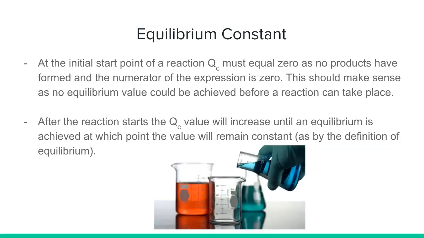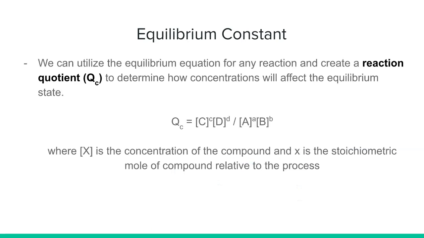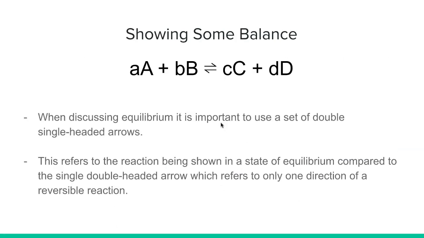All right, so at the initial starting point of a reaction, this is important to remember, Q sub C must be equal to 0. That's because no products have been formed yet, and the numerator of the expression is 0. C and D are the products. It is just like when we did thermodynamics, where it was the summation of products minus the summation of reactants.